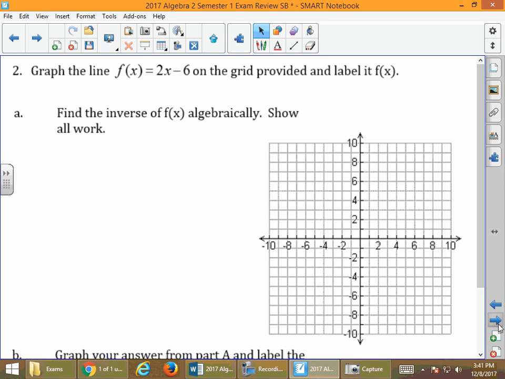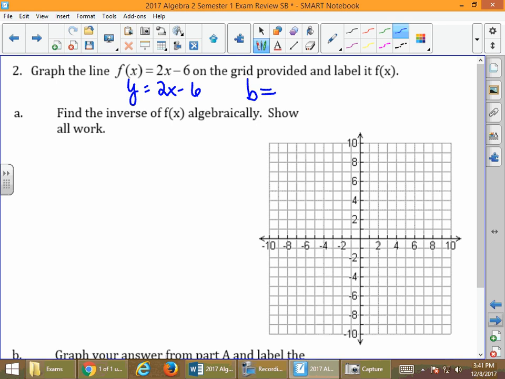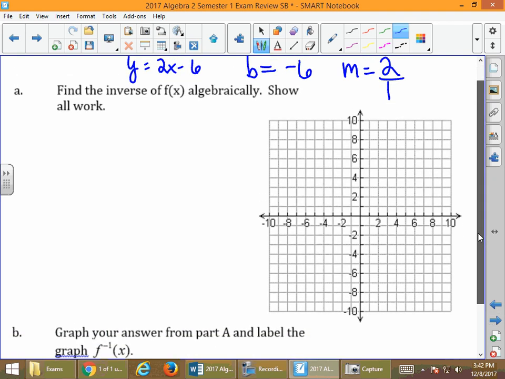Well, let me remind you that this is y equals 2x minus 6, and we want to identify our y-intercept, which is the constant in this problem, which is negative 6, and our slope is the coefficient in front of the x. And remember also that slope is rise over run, so it may be helpful for a couple people if we write that as 2 over 1. To graph, we're going to come down here to negative 6.